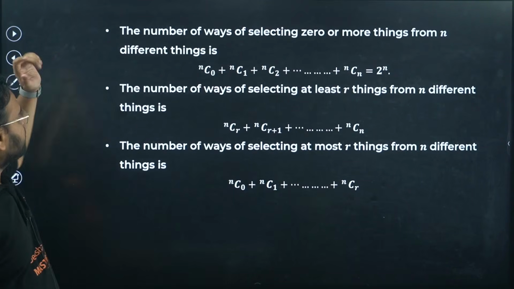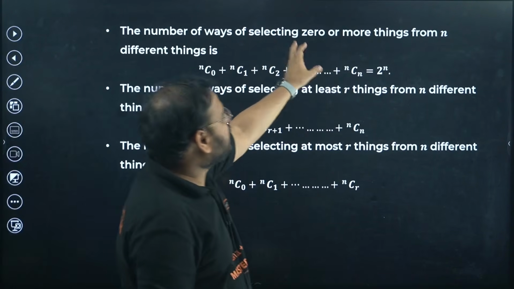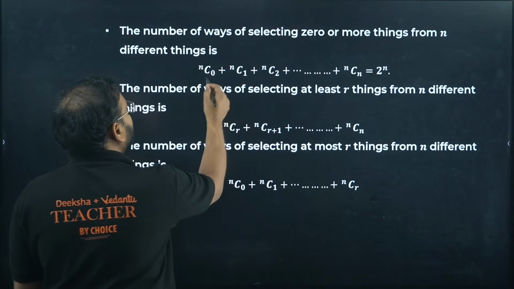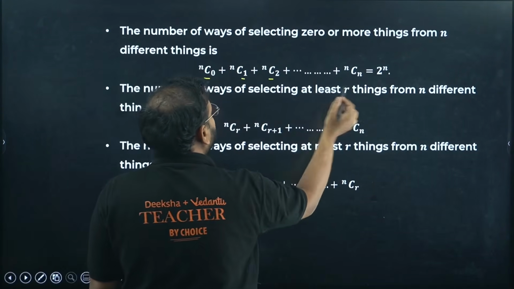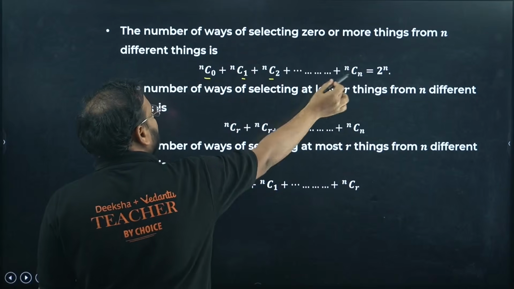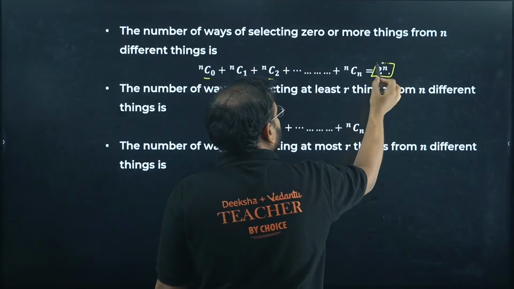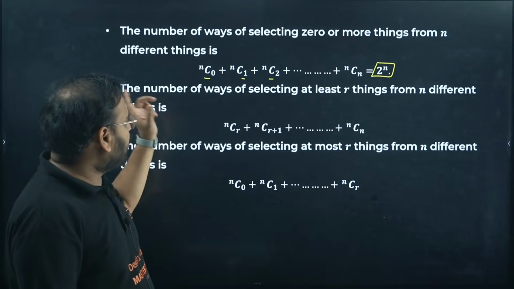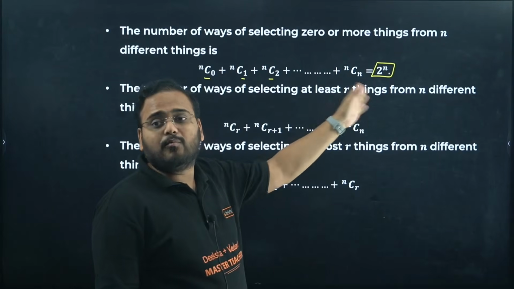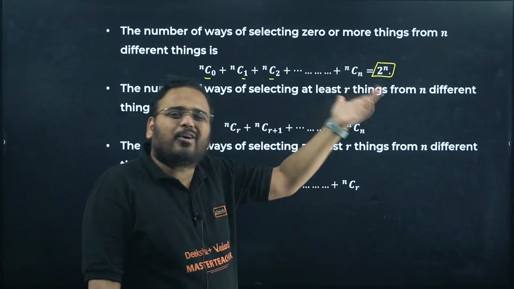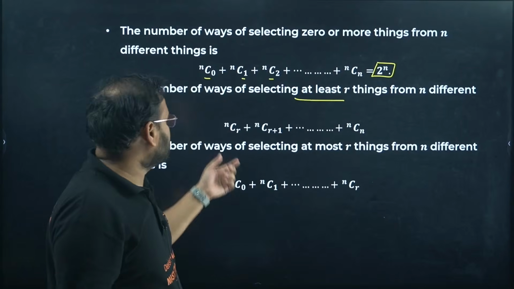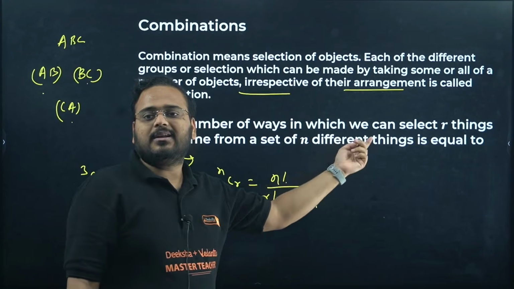Please check. The number of ways of selecting 0 or more things at a time. So 0, 1, 2, like that. If you go on this, NC0, NC1, NC2, all till NCN. This comes from the Binomial Theorem, 2 power n. Now, selecting at least R means either R or more. So I can choose R, R plus 1, all the way till n.